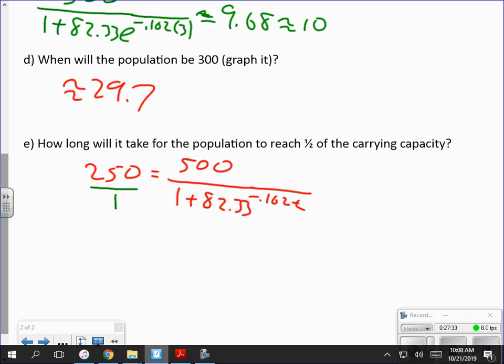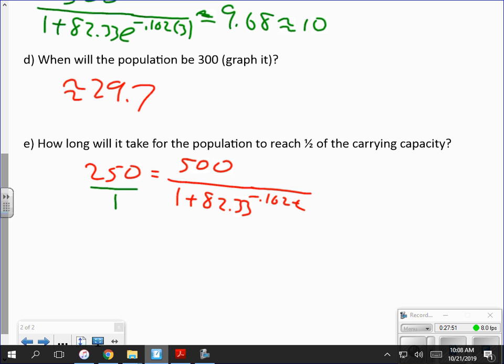Whenever you have a proportion, there's all kinds of neat things that you can do. One of them, you can just flip them both over. That'll put your variable in the numerator. That's one way to deal with it, and it's not what I'm going to do.